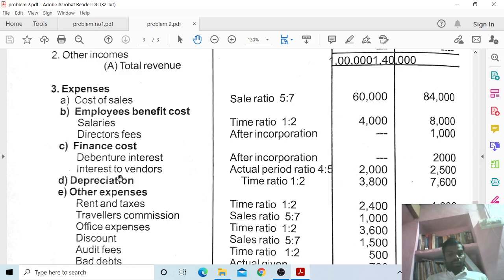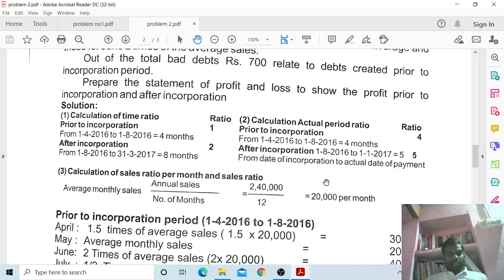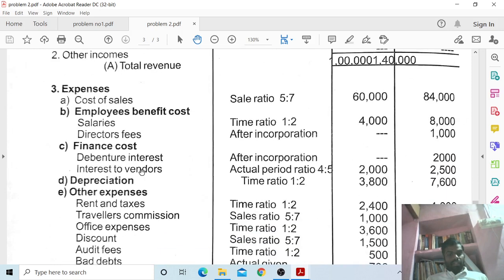Interest to vendors, calculated in the actual period ratio 4 is to 5. Total 4,500, so prior incorporation 2,000 and after incorporation 2,500. Next, depreciation, time ratio 1 is to 2: 3,800 prior incorporation, after incorporation 7,600.